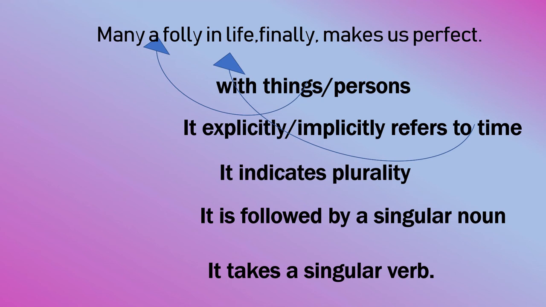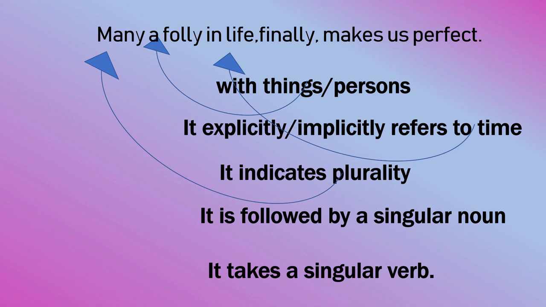Now to the third characteristic: it indicates plurality. Here we refer to folly in life. Though we used the singular noun folly there, the reference is to the multiple follies that we can make in our lifetime.